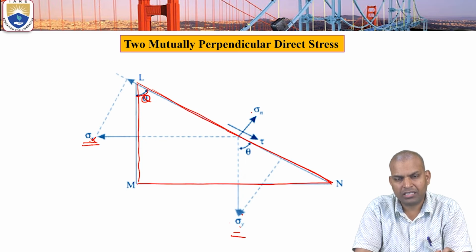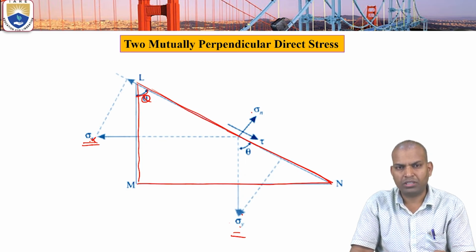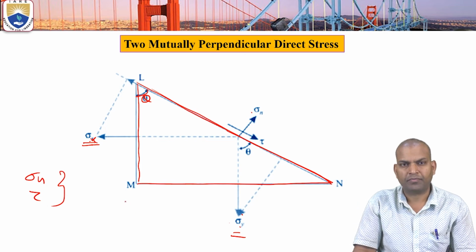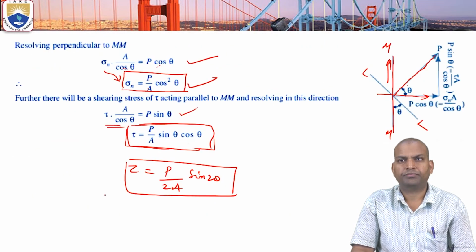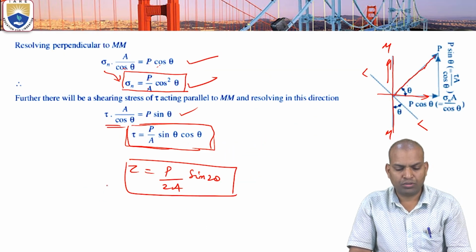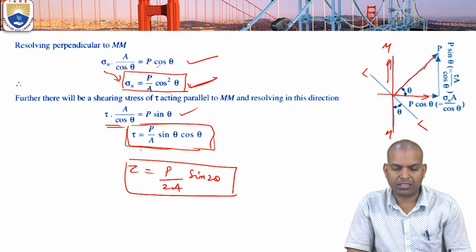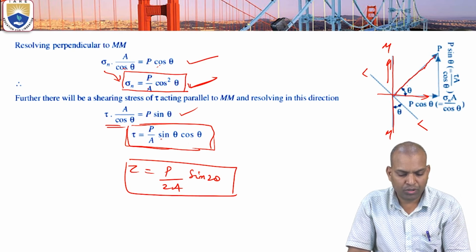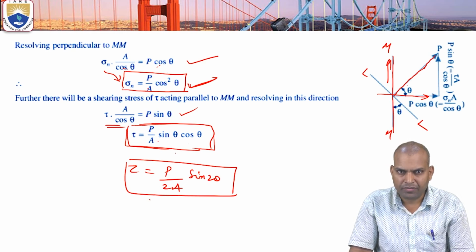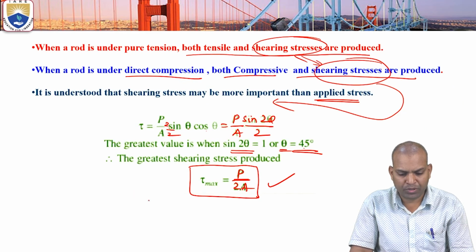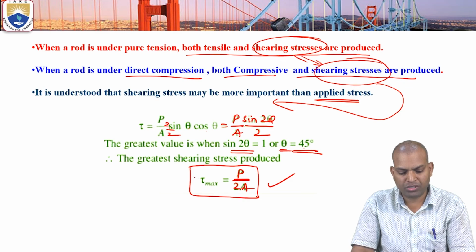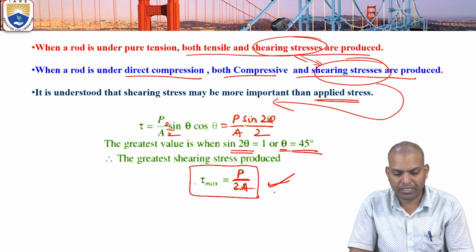For these case studies, we found what are the sigma n and tau values. For case 1, sigma n equal to p by a times cos square theta and tau equal to p by 2a sin 2 theta. The maximum shear stress produced is tau max equal to p by 2a.